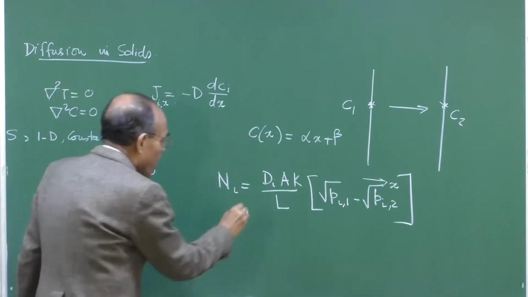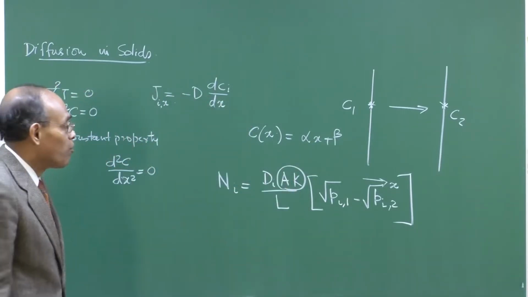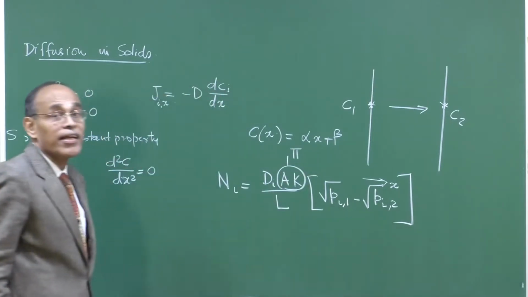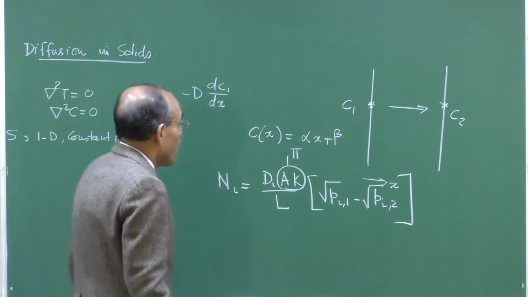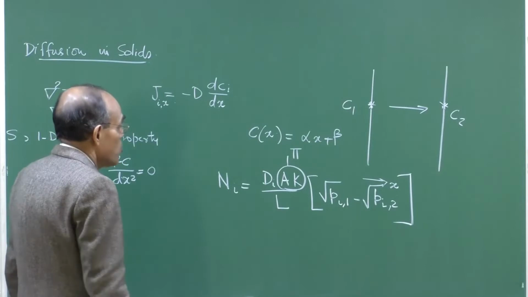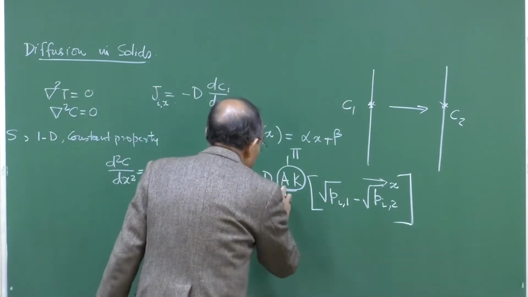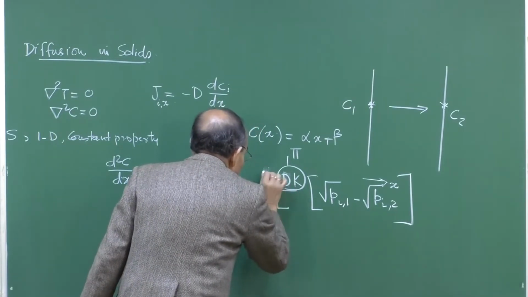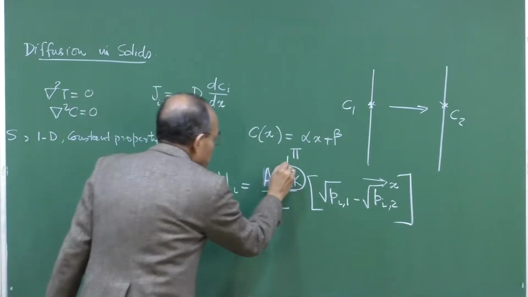You will sometimes find that you may be asked to calculate, or given, this particular product, which is also termed the permeability and denoted by a capital pi. So, the permeability may be given in terms of temperature, etc. So, you should be able to isolate that. This is, sorry, not A into K, I will write D into K, diffusion coefficient into the Sievert's constant, that is called the permeability.